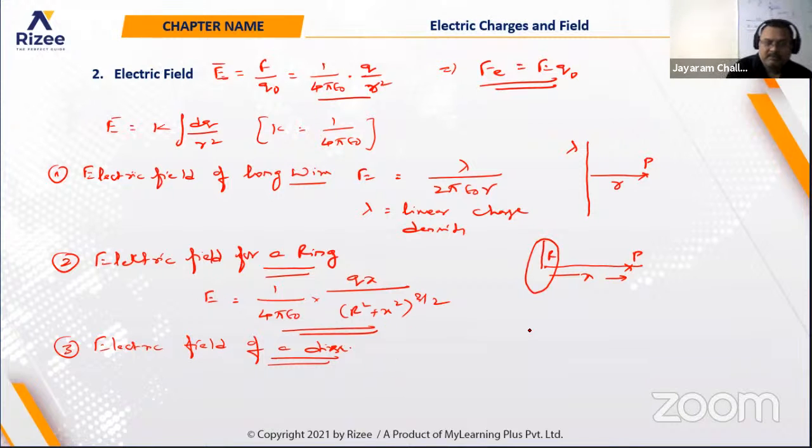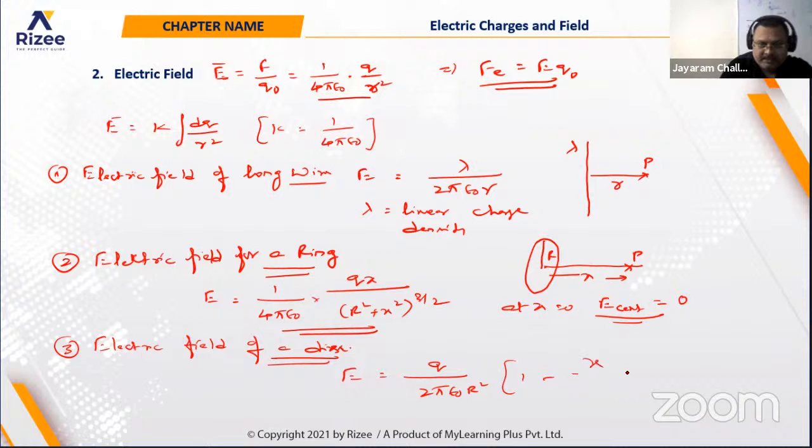Going back to the ring case, at x is equal to 0, that means E at the center will be 0, since 0 into this entire thing will become 0. Similarly, for the disk, you can write E is equal to charge Q by 2 pi epsilon naught r square into (1 minus x by root over r square plus x square).